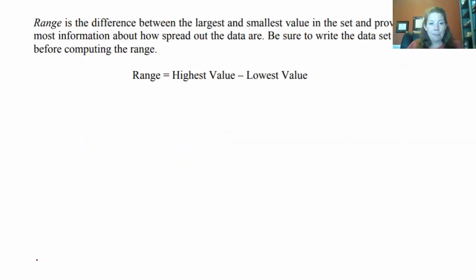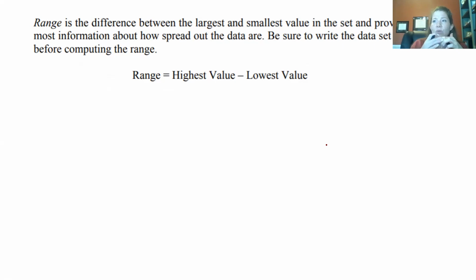All right. So it says the range is the difference between the largest and the smallest value in a set of data, and it provides the most information about how spread out the data are. So imagine we're putting people in order from shortest to tallest.